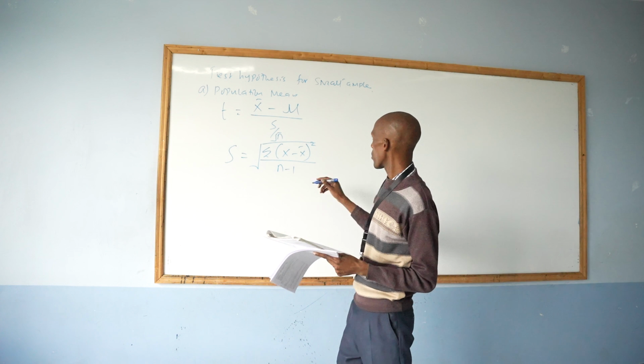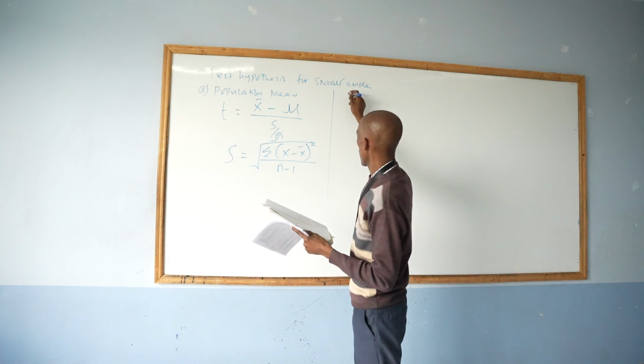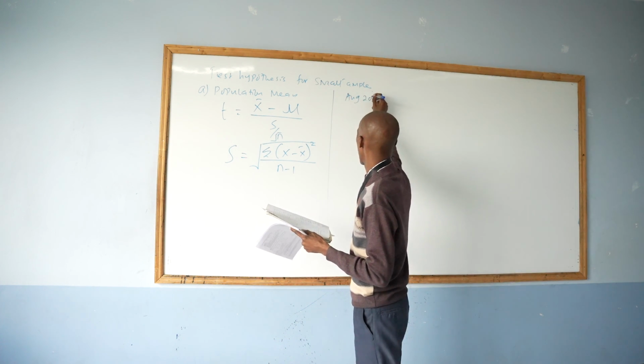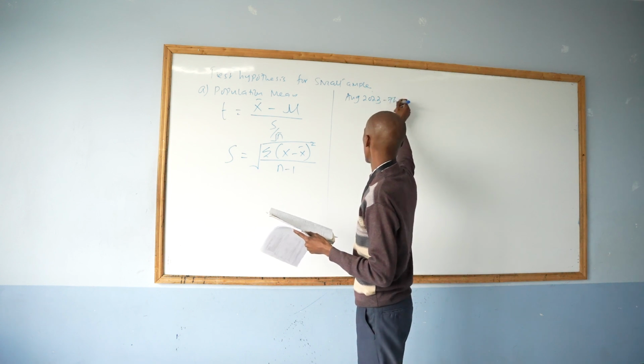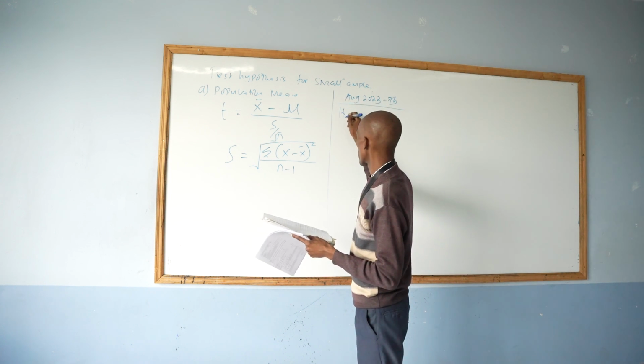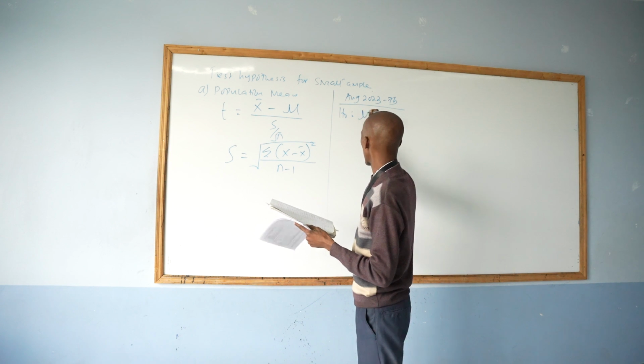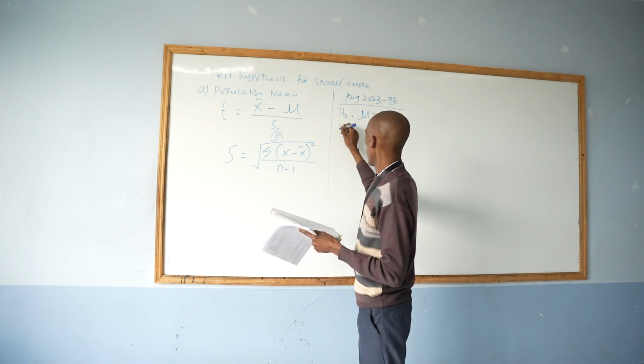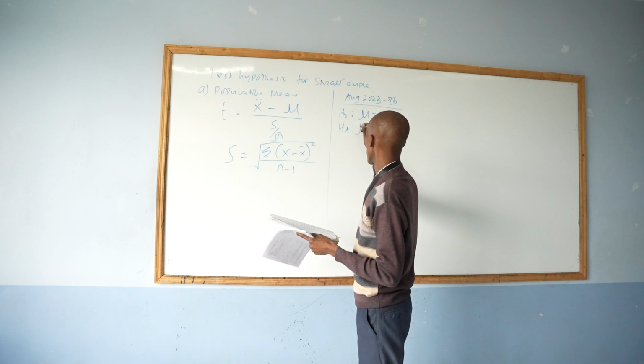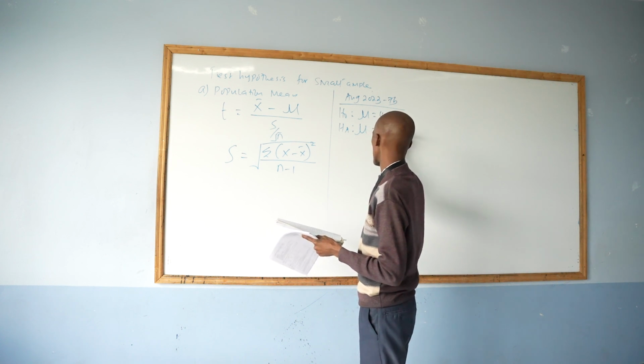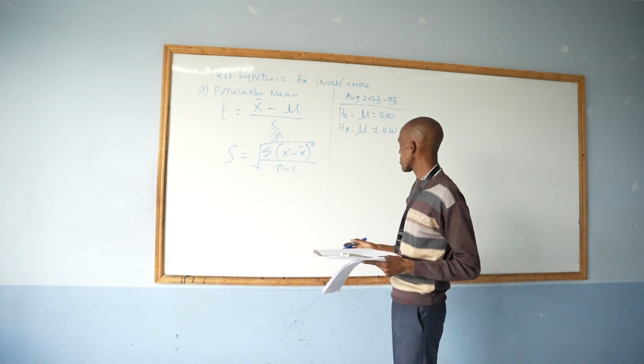That is August 2023 7b. Null hypothesis, mean equals 400. Alternative, mean is not equal to 400. So we are testing to find out whether the mean is 400.